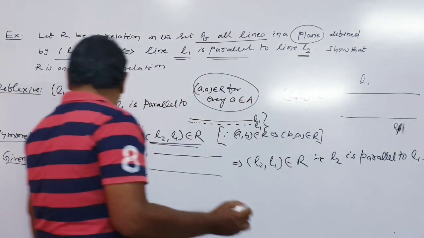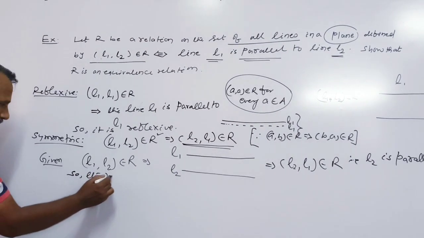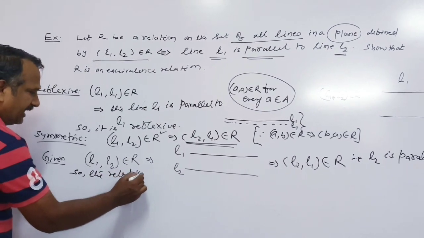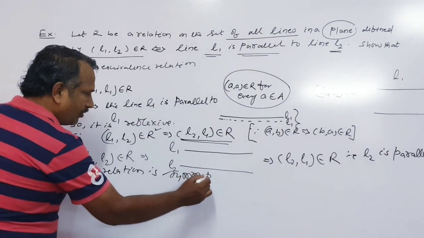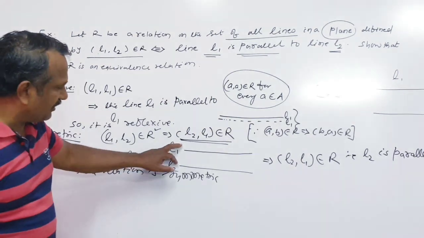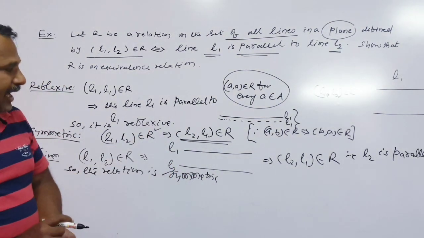So the relation is symmetric, because L1 is parallel to L2, which means we can also say L2 is parallel to L1.